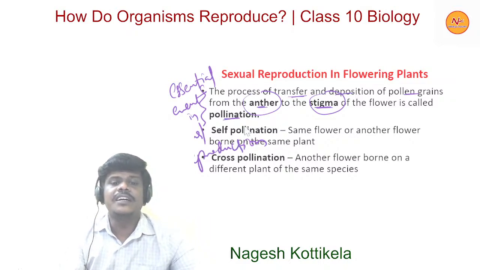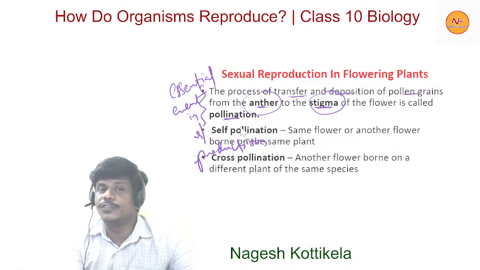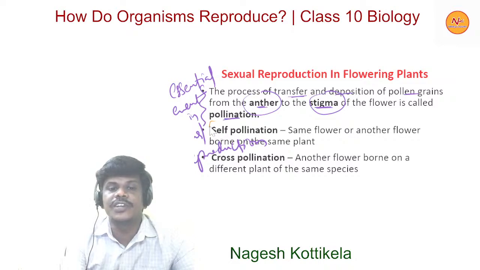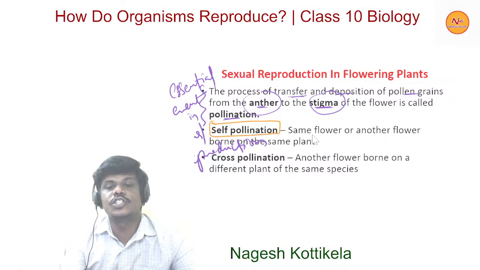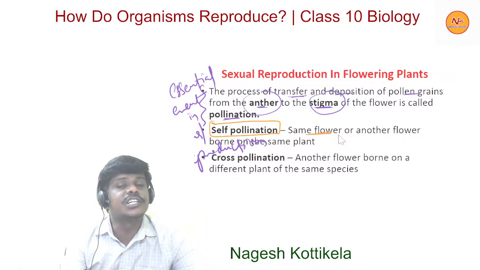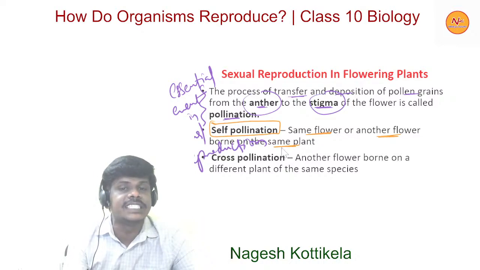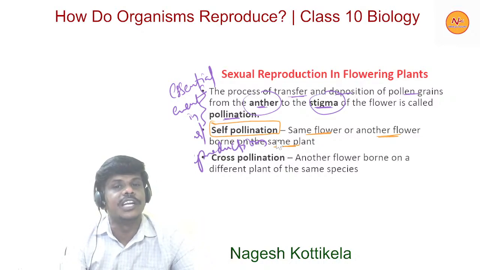Now this pollination can be of different types. It could be self pollination, like if the pollination occurs within the same flower or another flower borne on the same plant, then it is self pollination.